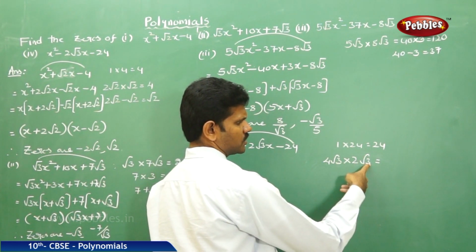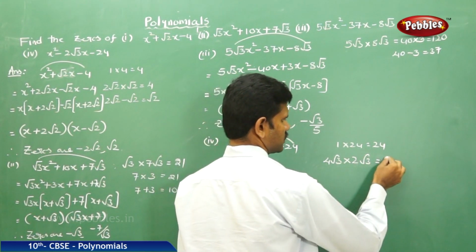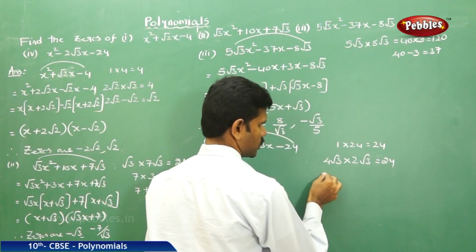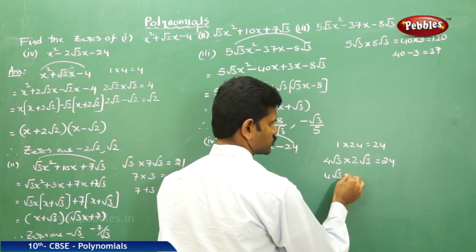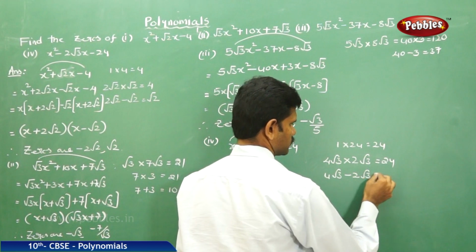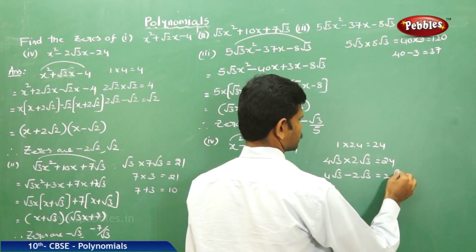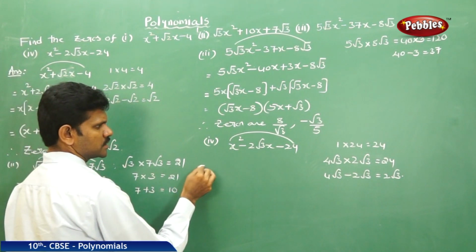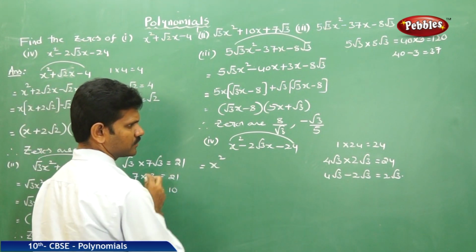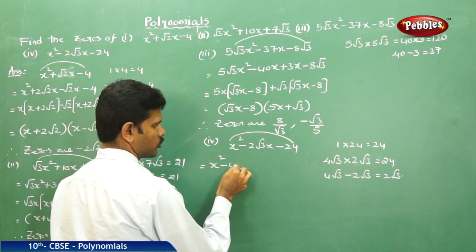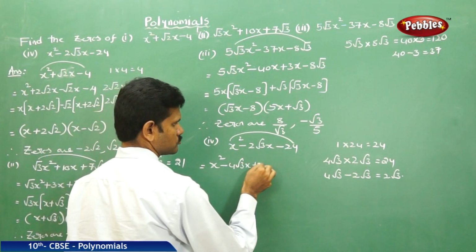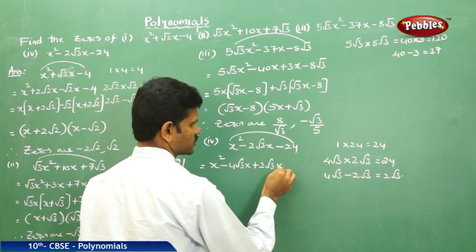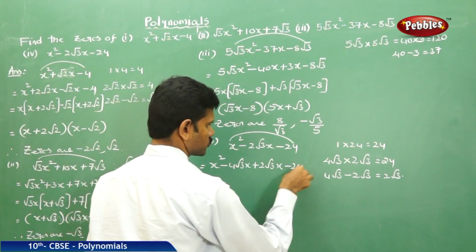Root 3 into root 3, 3. 8 threes are 24. Now 4 root 3 minus 2 root 3, that is equal to 2 root 3. Now my middle term is ready. That is equal to x square minus 4 root 3x plus 2 root 3x minus 24.